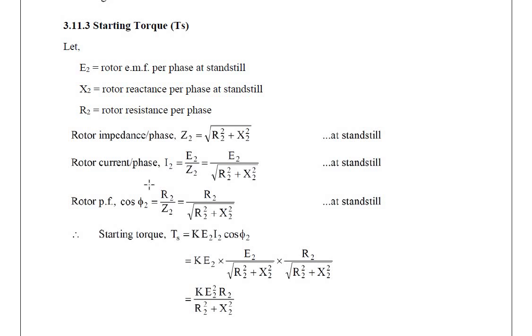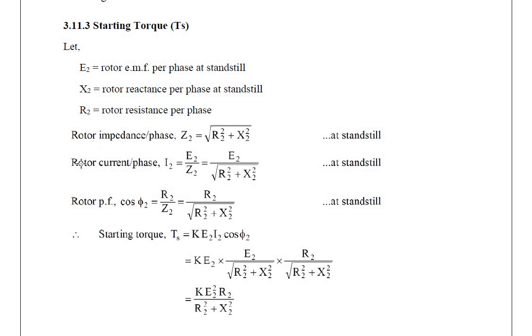It will never change with the change in speed, and these two quantities E2 and X2 will change with respect to speed. So E2 will become SE2 and X2 will become SX2, where S is the slip. Now rotor impedance per phase Z2 is simply given by under root R2 square plus X2 square, rotor resistance square plus rotor reactance square at standstill condition.